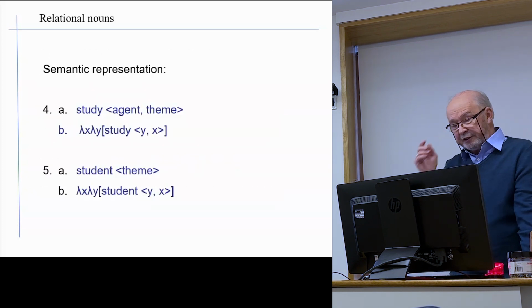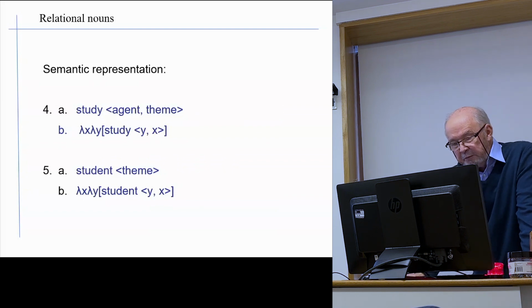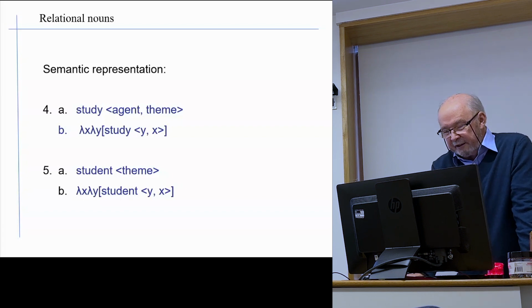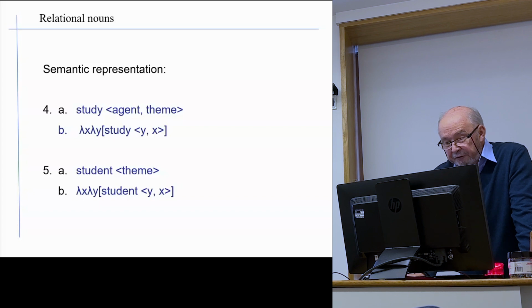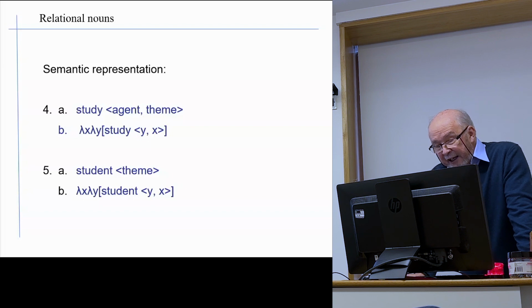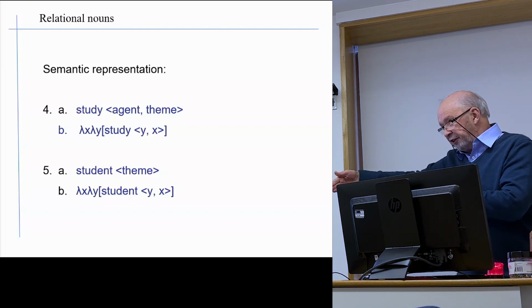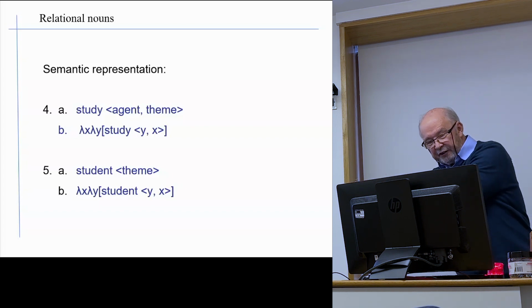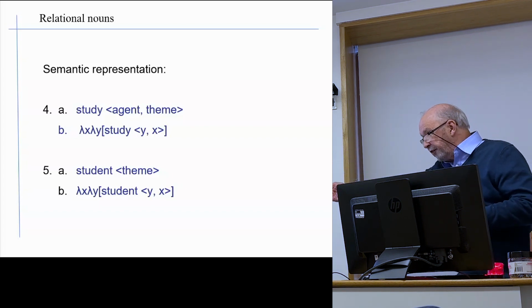The semantic representations then of the verb and the noun are in essence very, very similar, even if the meanings of y and x differ in their relation to the predicate. But basically the idea is that you apply lambda x, and you've got x, the subject studied, and you've got x, student of that same subject.